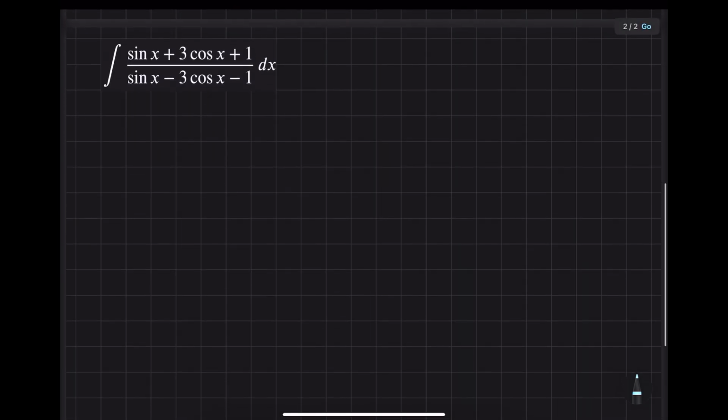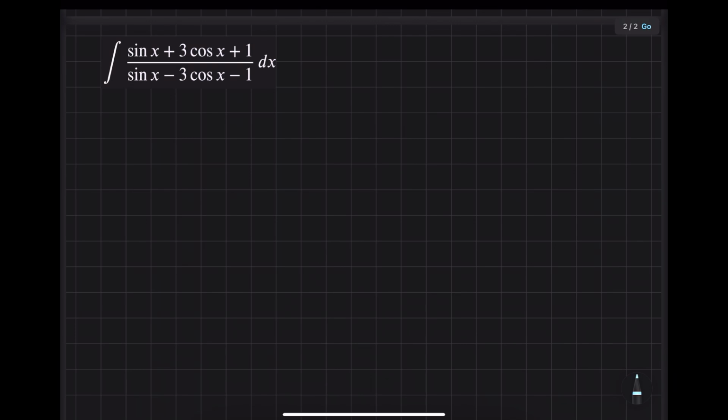We have one illustration: sin x plus 3 cos x plus 1 upon sin x minus 3 cos x minus 1. Let's crack this. Can I write that fraction?